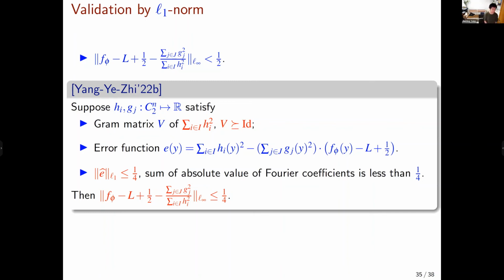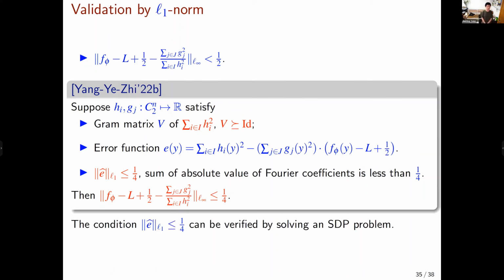Then the error between f phi minus L plus 1/2 and the rational Fourier sum of squares is at most 1/4. So we can find that this condition can be verified by solving an SDP problem.